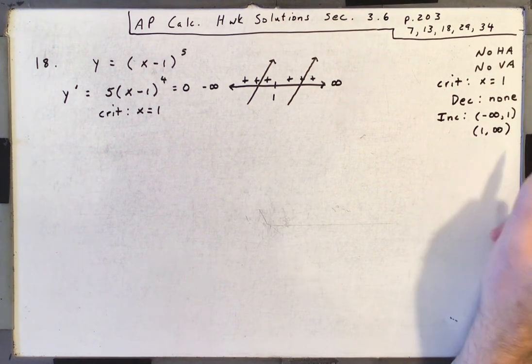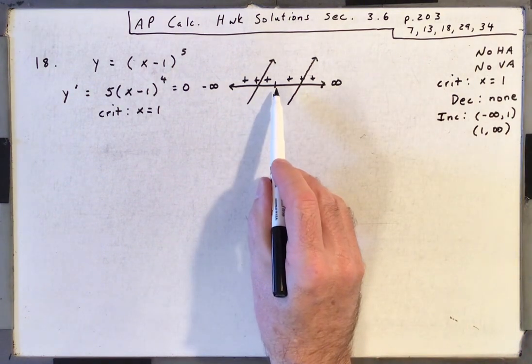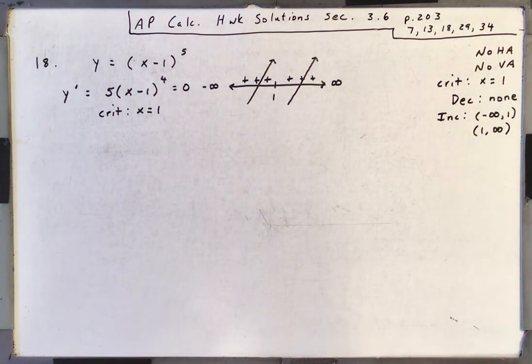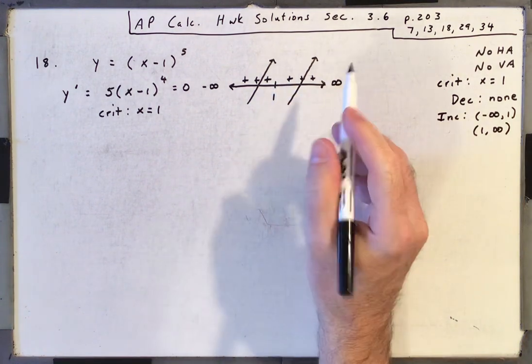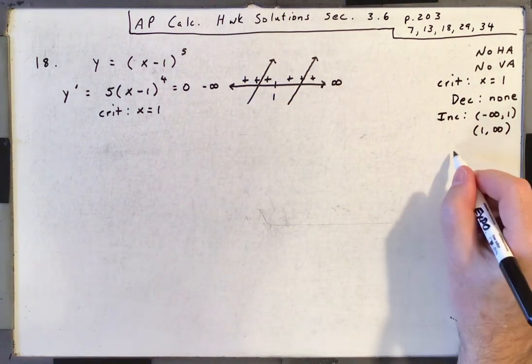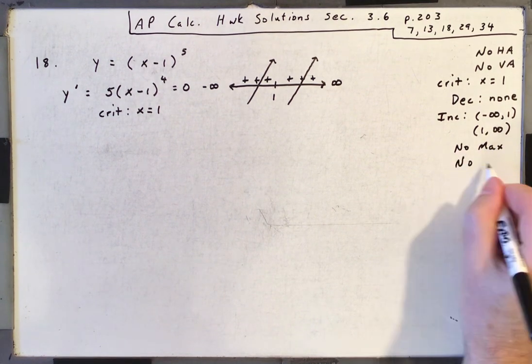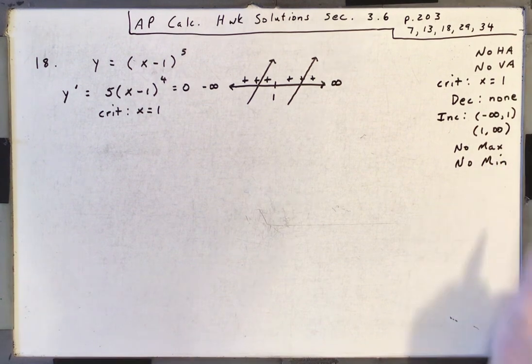The reason I don't say negative infinity to infinity is because we do have a horizontal tangent line, so a horizontal spot at x equals 1. No max and no min, so a lot less calculating on this one, right?